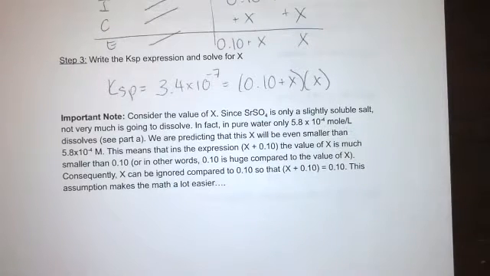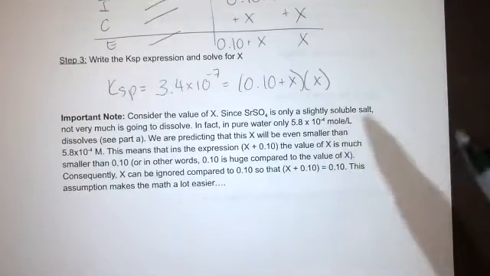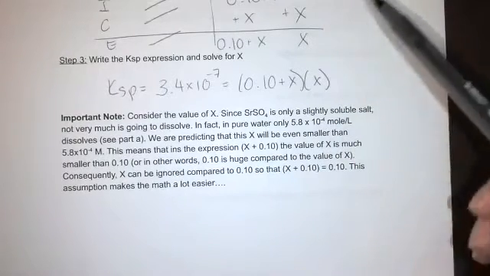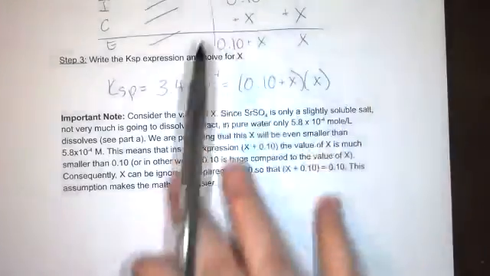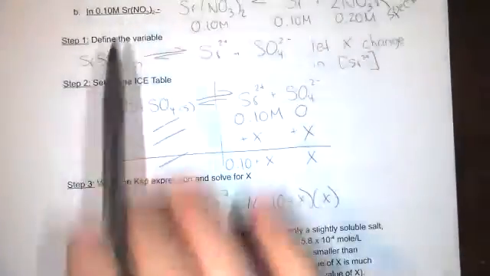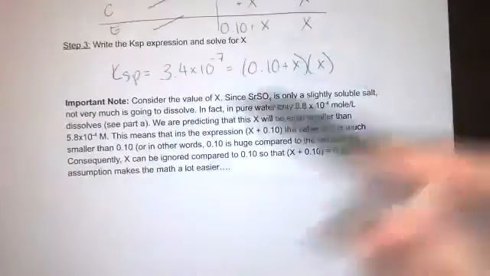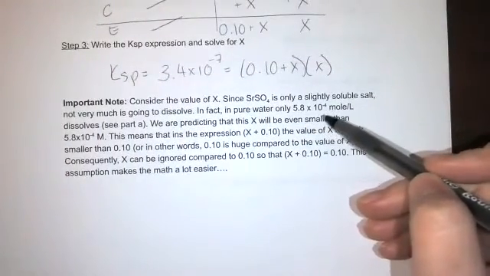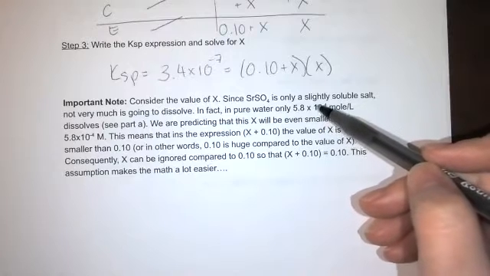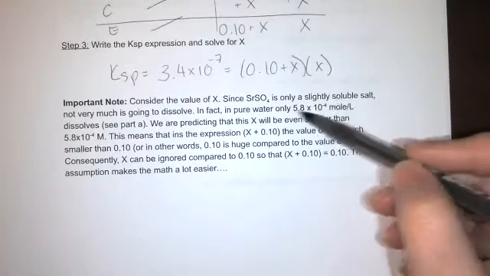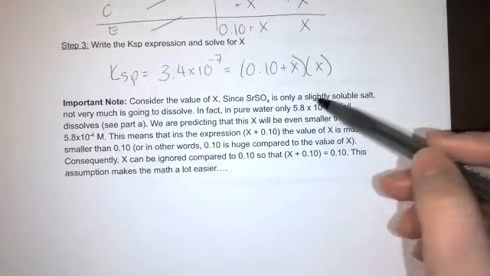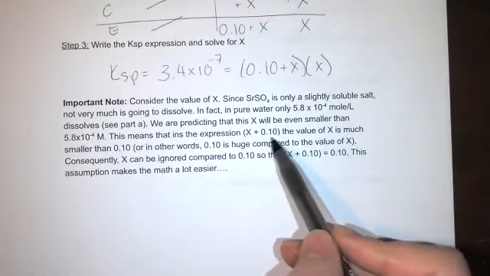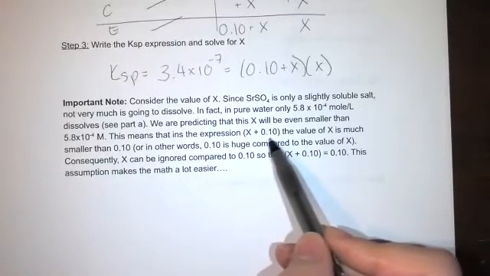And as we talked about in our qualitative analysis section, we're going to have even less be able to dissolve in this condition because we already have a common ion. So we'll have our solubility be even less than 5.8 times 10 to the negative 4. That being said, this number, or a number even smaller, is so much smaller than our already existing amount, 0.10.